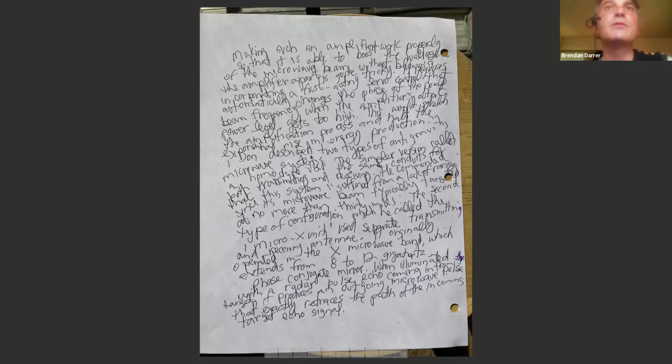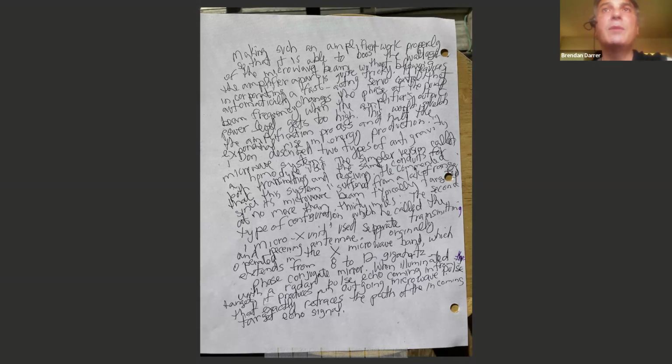Don describes two types of anti-gravity microwave systems. The simpler version, called homodyne, uses the same conduits for both transmitting and receiving.